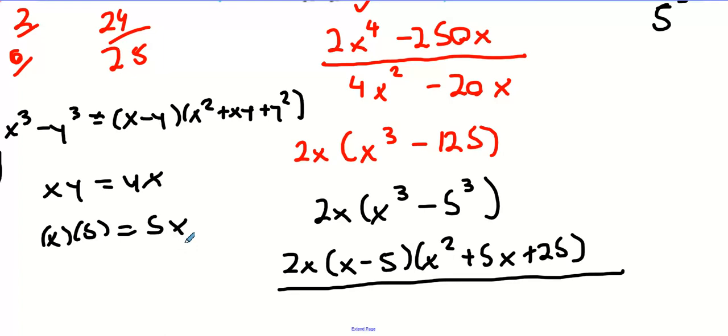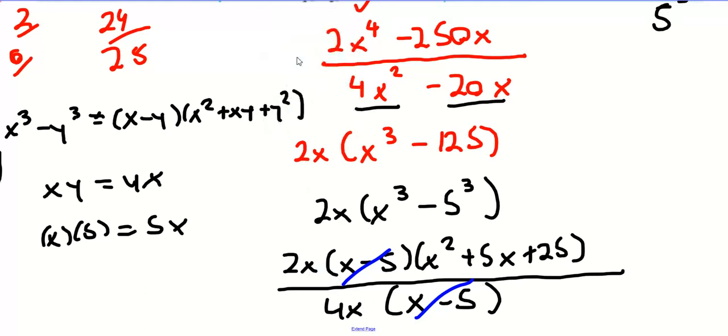Okay. Next, what number can I take out of two of these? And what's left over? Now, what you know is they have in common top and bottom. x minus 5 cancels x minus 5. Now, see this x here? Does everybody see this x here? It's been multiplied. How do we know it's been multiplied? There's nothing between it and the bracket.